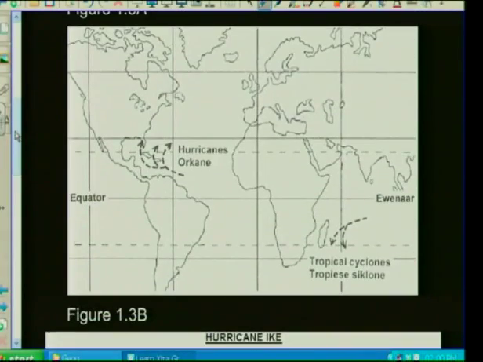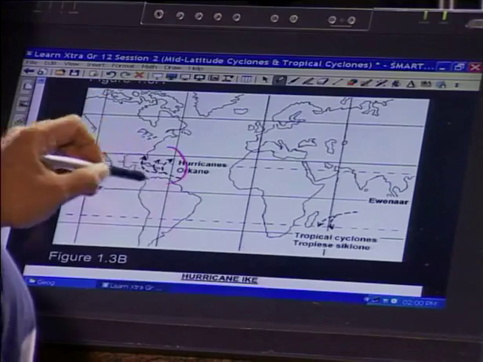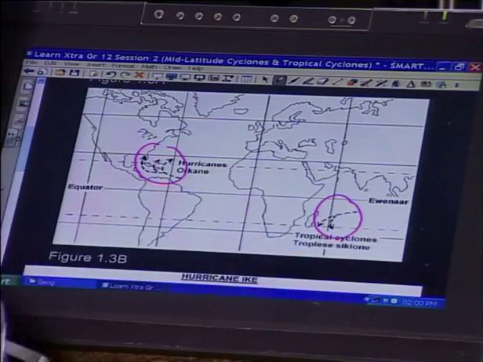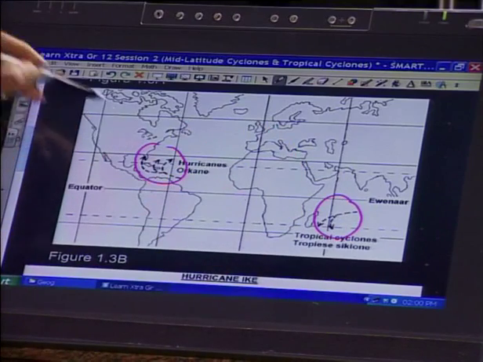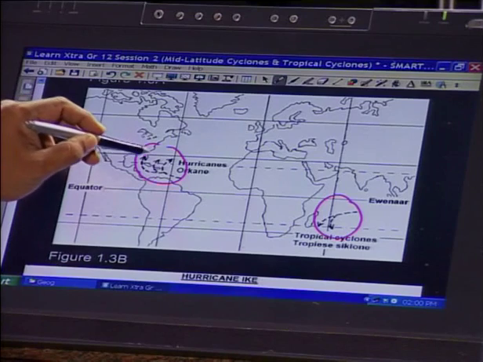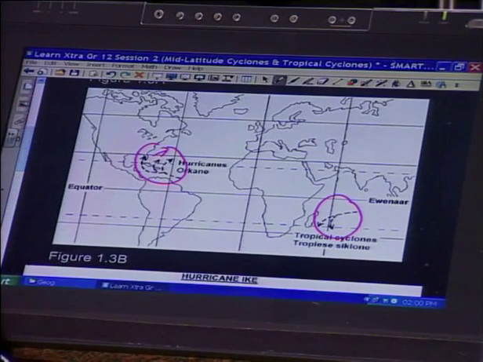We can see the tropical cyclones around the Indian Ocean and the hurricanes around the West Indies. That's your northern hemisphere, your southern hemisphere, and you can see already, look how nice this one is, the anti-clockwise movement.